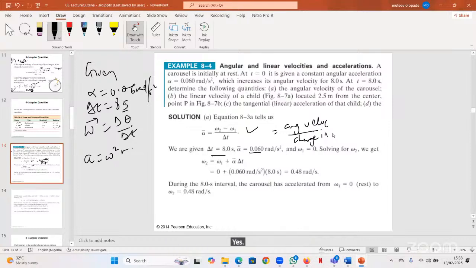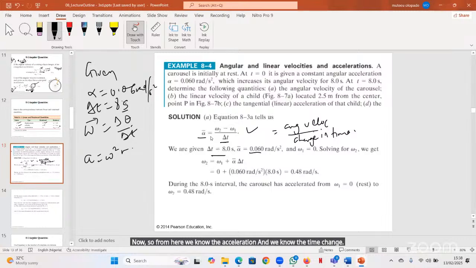Yes. Now, from here, we know the acceleration and we know the time change. So if we substitute this one into this, we have this.